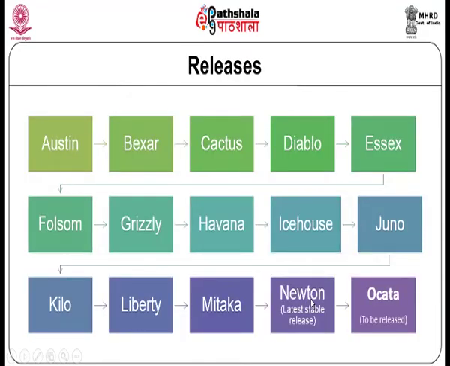So, this is another interesting fact on OpenStack. They started with the release of Austin, and then they progressed through the various names, and as we can see, each name is actually the next letter in the alphabet, and this continues. Currently the latest release is Newton, which was released last year in 2016, and the next release has already got its name, it is Ocata, and that is being released.